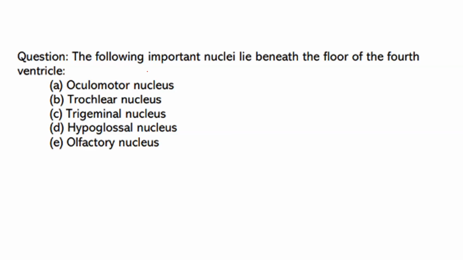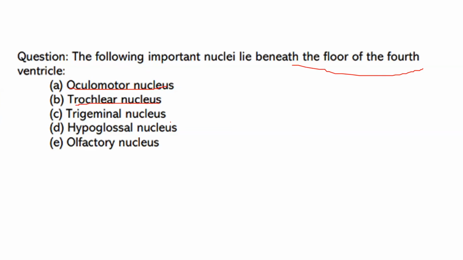But for the next question, which of the following important nuclei lie beneath the floor of the fourth ventricle? So the oculomotor nucleus is in the midbrain, and so it's not going to be beneath the floor of the fourth ventricle. Similarly with the trochlear nucleus.